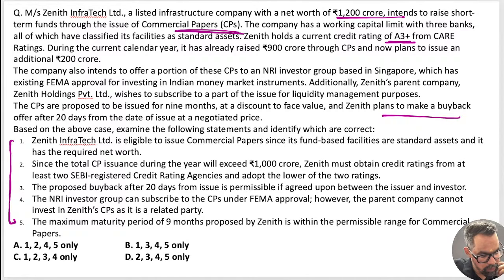Commercial paper buyback is allowed after 30 days. Please do remember this one. This means this will be non-permissible. It requires a minimum of 30 days. It can be bought back after 30 days only.